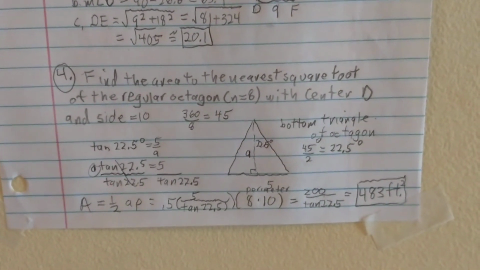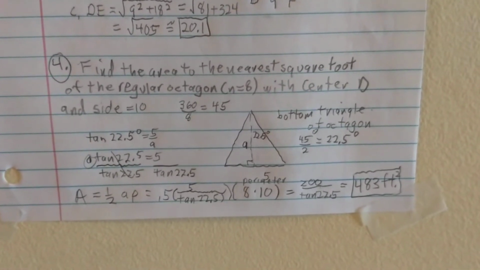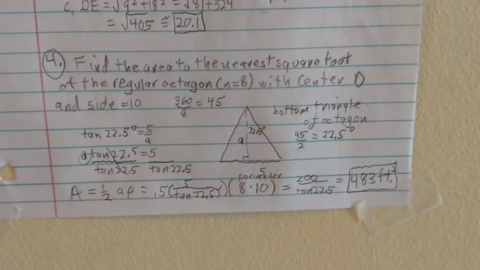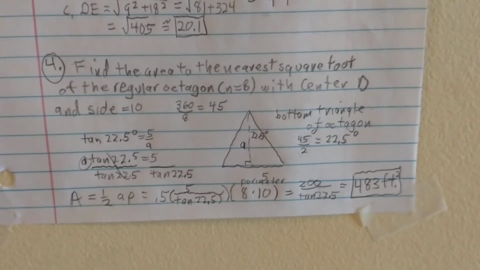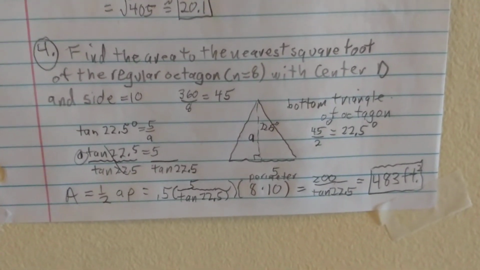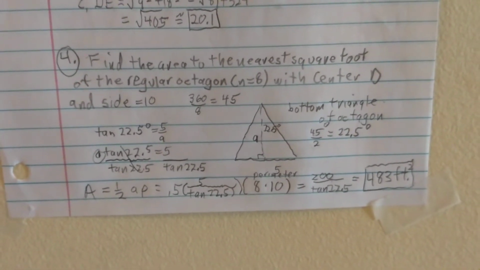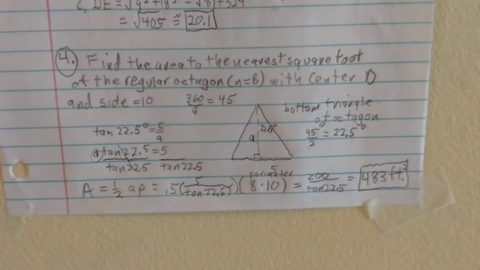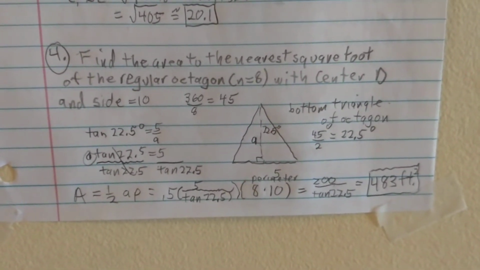Now to find the area to the nearest square foot of the regular octagon, remember n equals 8, with center D and side 10. So I'm just showing the bottom of the 8 triangles. There'd be 8 triangles all around, and each angle for the whole triangle at the top would be 360 over 8, dividing it evenly, would be 45.